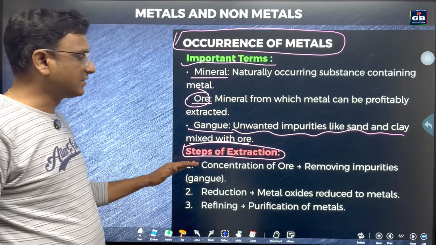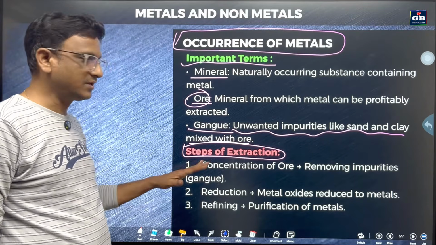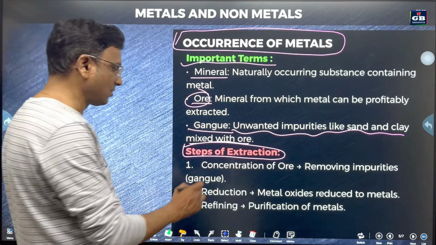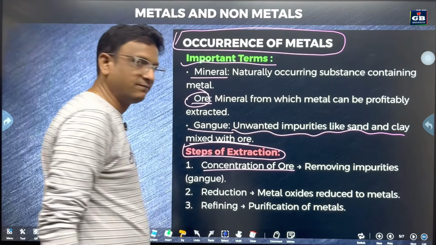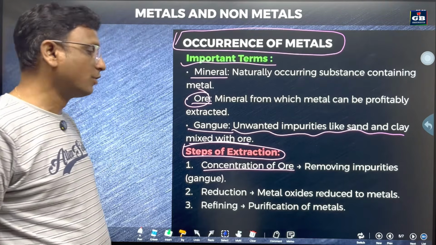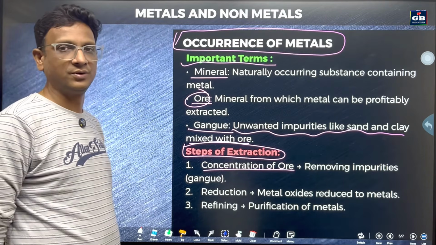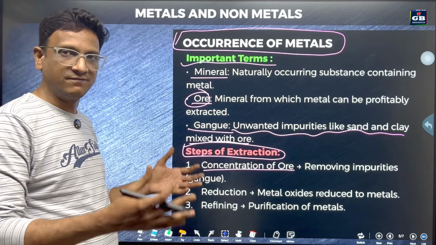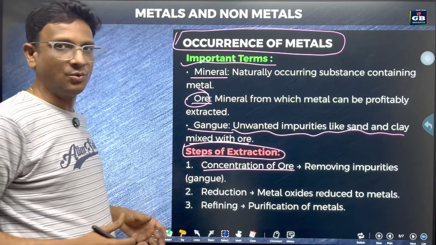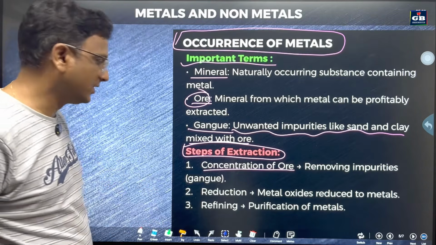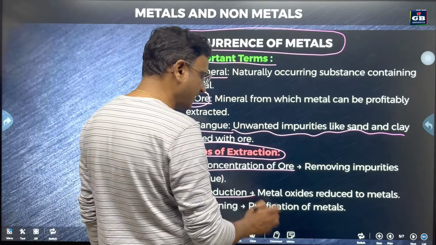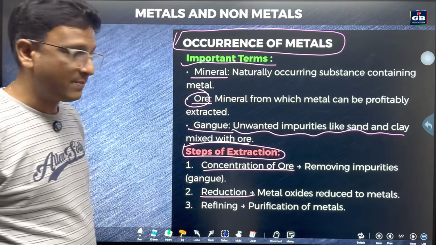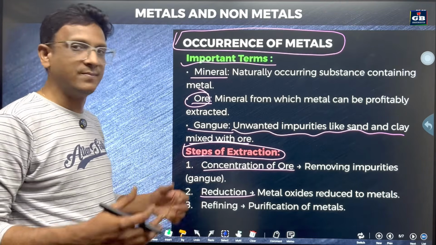There are some general main steps of extraction. First, concentration of the ore. They remove the impurities, the gangue, from the ore. What is gangue? Sand, clay and other impurities. Second, reduction.